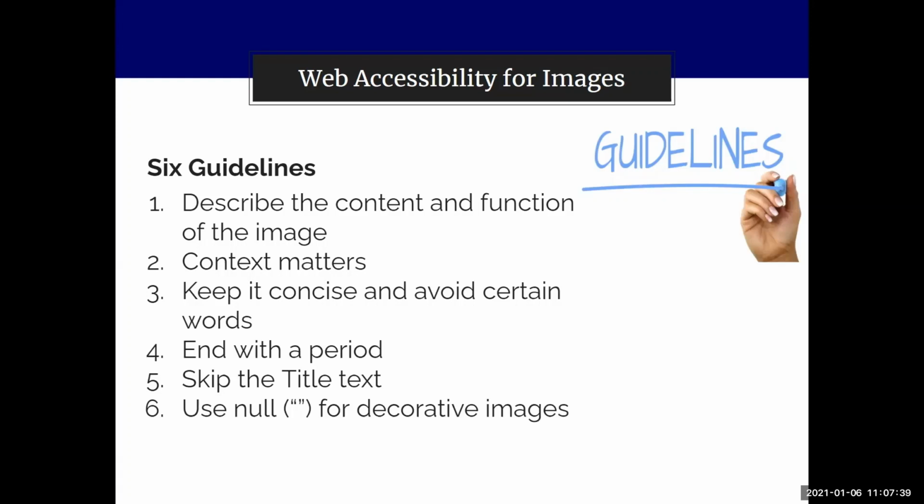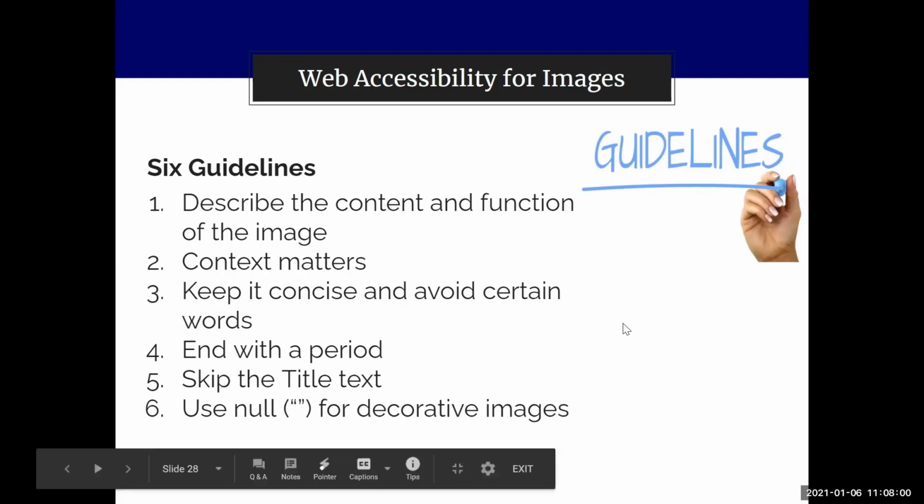Make sure you end with a period, and skip the title text, and we'll explain why later on. If you have decorative images that are just there for aesthetic reasons and don't convey any information, you can use the null symbol, the 2 quotation marks, and then a screen reader will just say this is a decorative image, or skip over it.